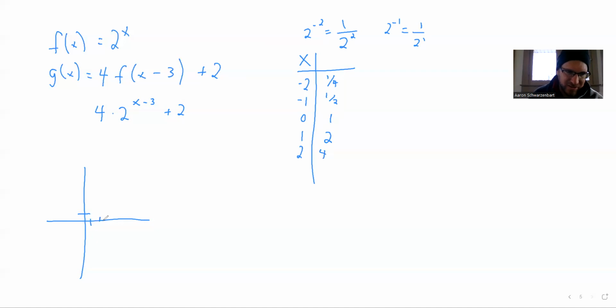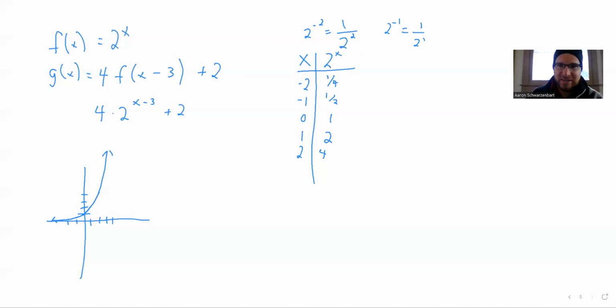So I'm going to graph this quickly right here. And we're going to see that the graph of our exponential function kind of looks like this swoop curve and has this asymptote along the x-axis.